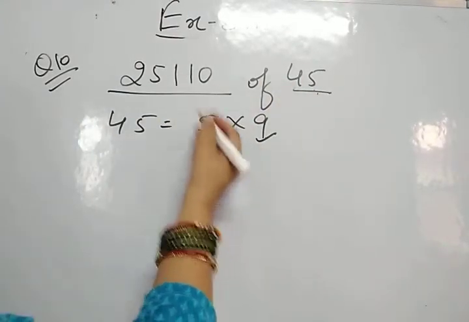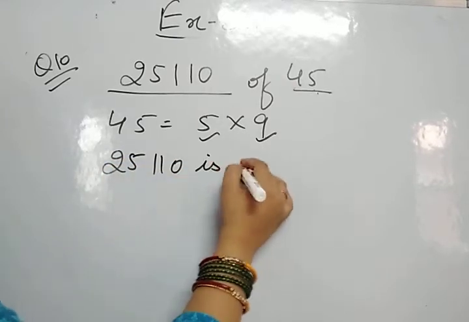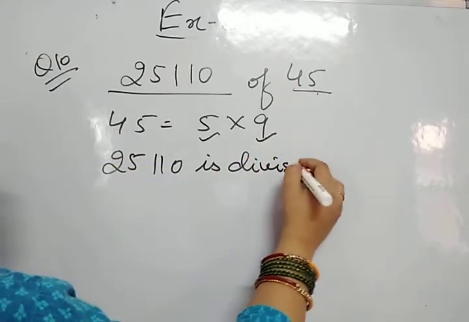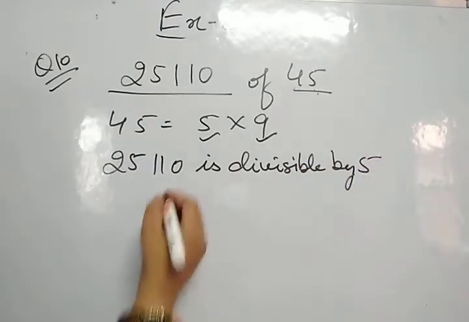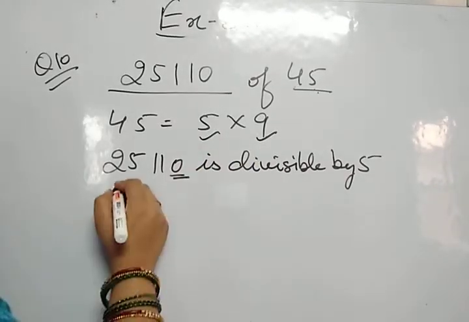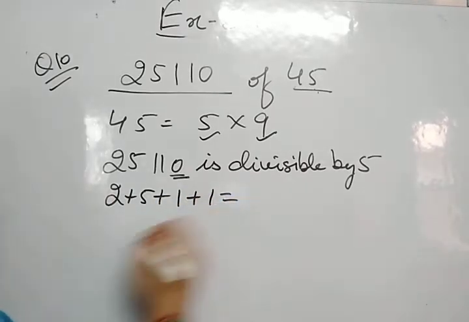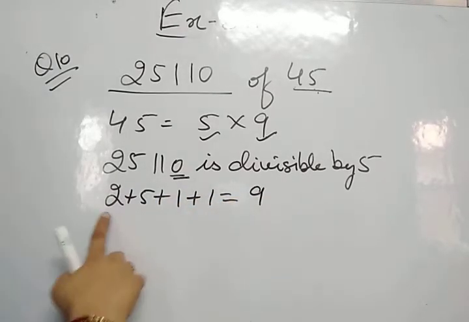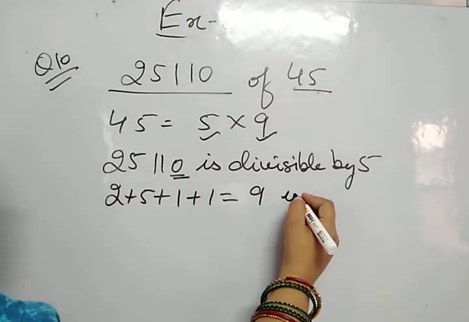Okay, now see, is this number divisible by 5 or not? It is divisible by 5. Why is it divisible by 5? Because the ones place digit is 0. Now see whether the number is divisible by 9 or not. The sum of the digits of the given number is 9, so this is divisible by 9 also.